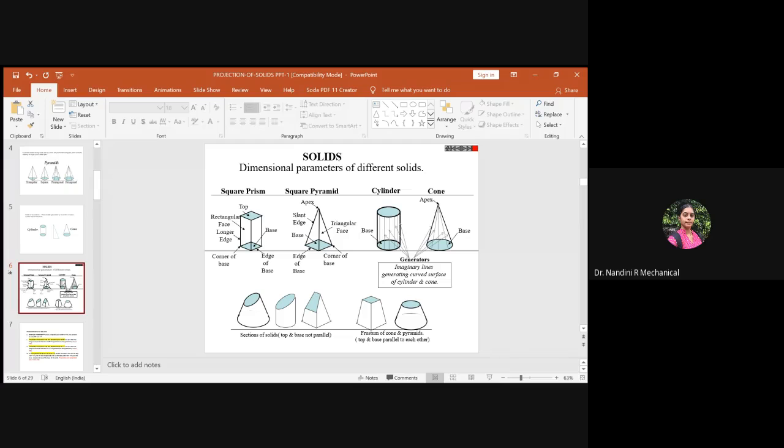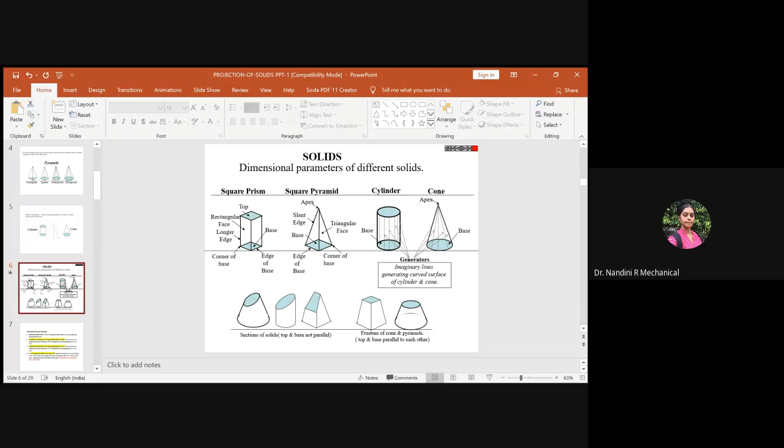This is the only difference between the cylinder and a cone, where the generators will be parallel in one and inclined in the other. In both cases, the generator shows the path traced by the rectangular surface here, and in the case of the cone, the triangular surface. So the tracing path will be shown.